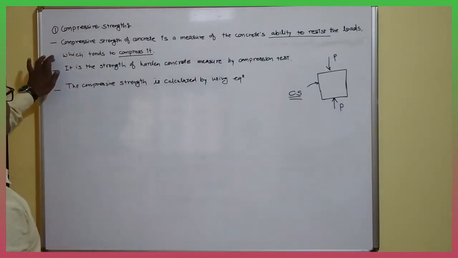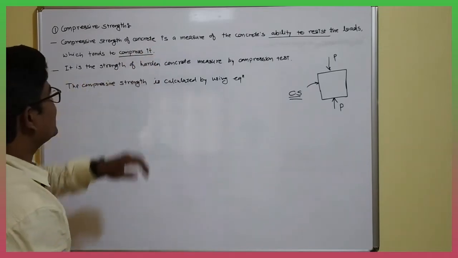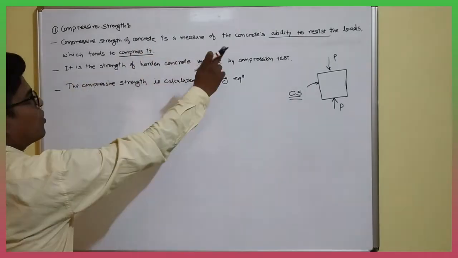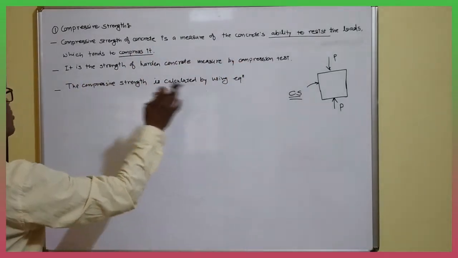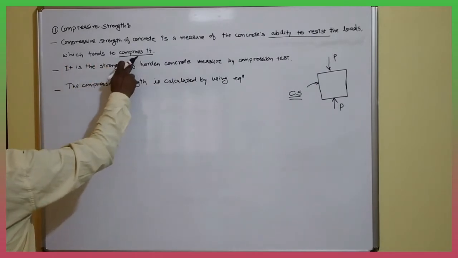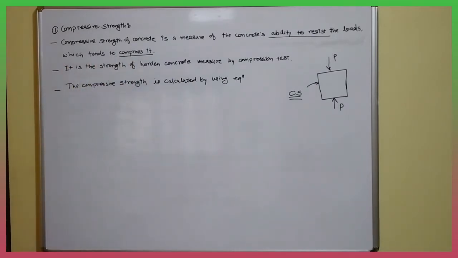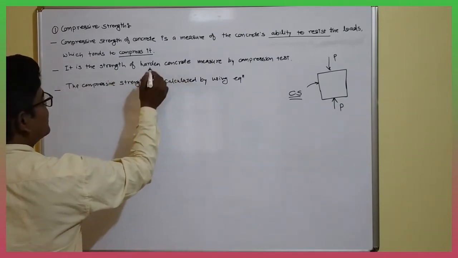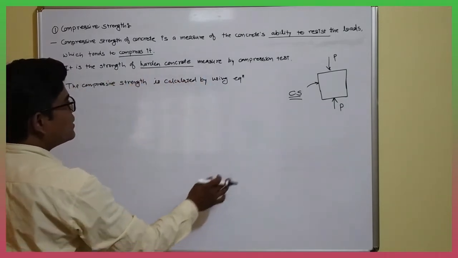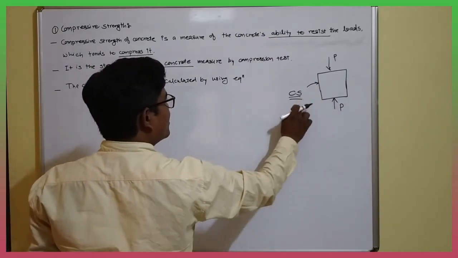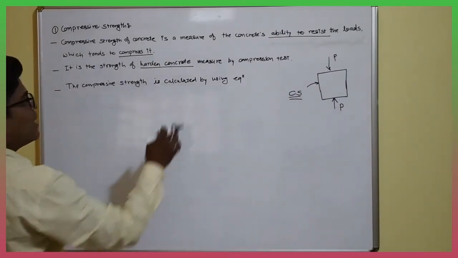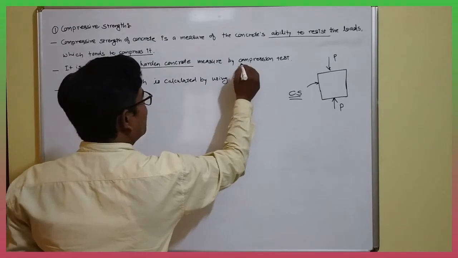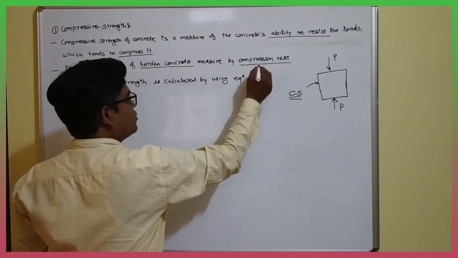So this is the definition. Compressive strength of concrete is a measure of concrete's ability to resist the load which tends to compress it. So it is the strength of hardened concrete, not a fresh concrete, and it is measured by the compression test.